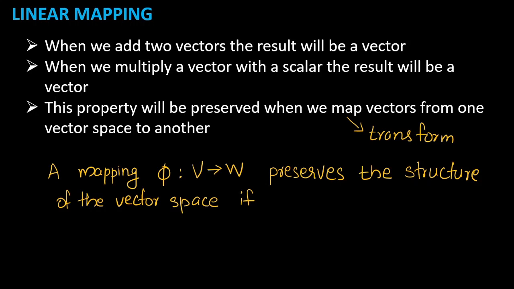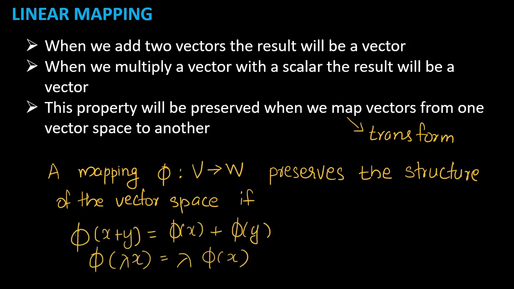A mapping phi from vector space V to W preserves the structure of the vector space if these two conditions are satisfied. That means phi of x plus y should be equal to phi of x plus phi of y. That is vector addition. Vector addition in one space should be preserved in the vector addition in the other space.